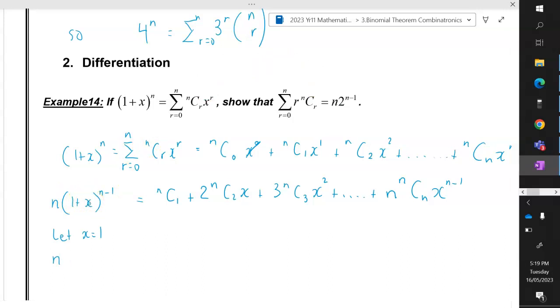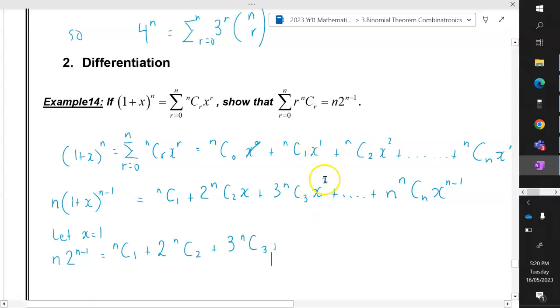So I get n times 2 to the n minus 1 is equal to nC1 plus 2 lots of nC2, and I've let x be 1, plus 3 lots of nC3, and my x's are all 1, so 1 to any power is just 1, so I'm basically letting the x's disappear in that sense. And my last term is going to be n lots of nCn.